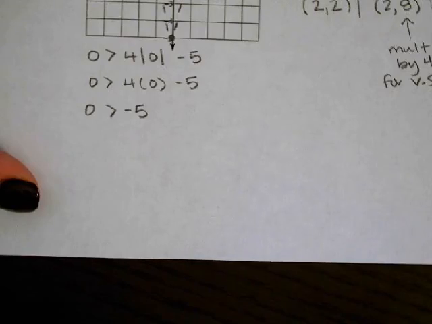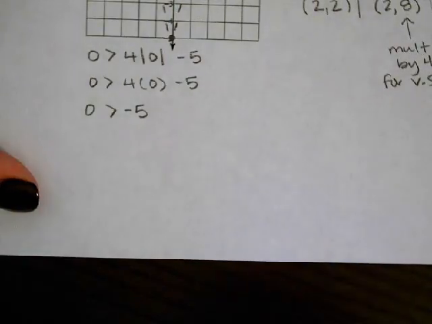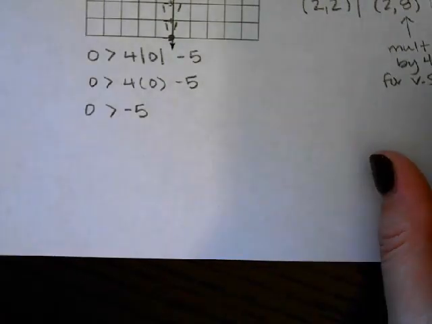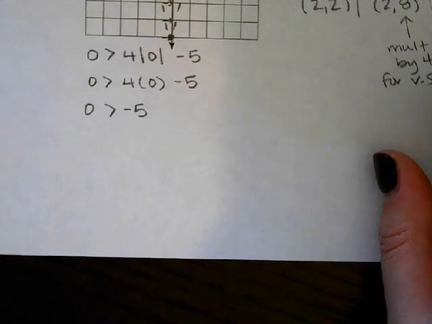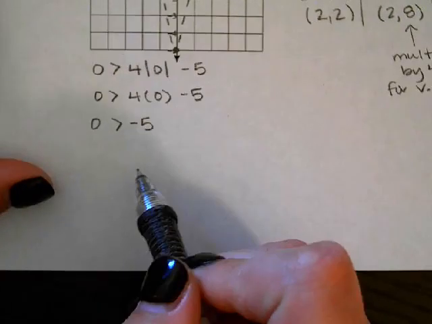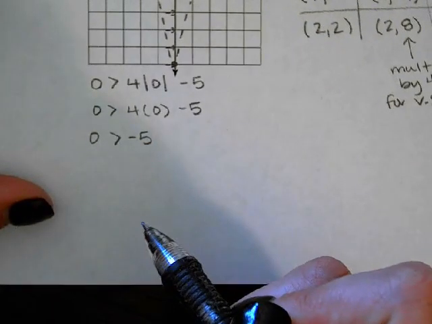Which is why I'm not going to teach you shortcuts that don't work all the time. Because then students will pick up on that and say, oh, well, this worked this time, so I'm just going to always use that, and it doesn't always work. So what does always work, though, is plugging a point in and seeing if it's true or false, because that's literally how the math works.